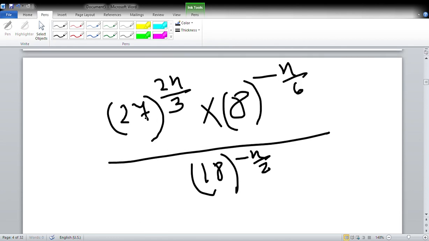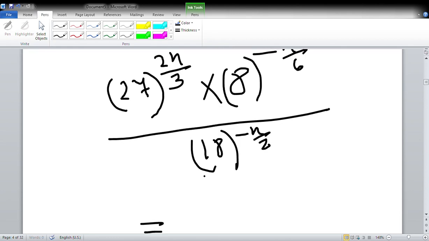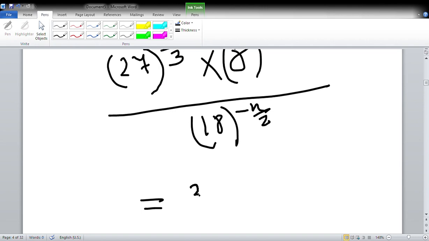So simply you can write 27 as 3 to the power 3. If you multiply 3 into 3 into 3, that is 27, right?